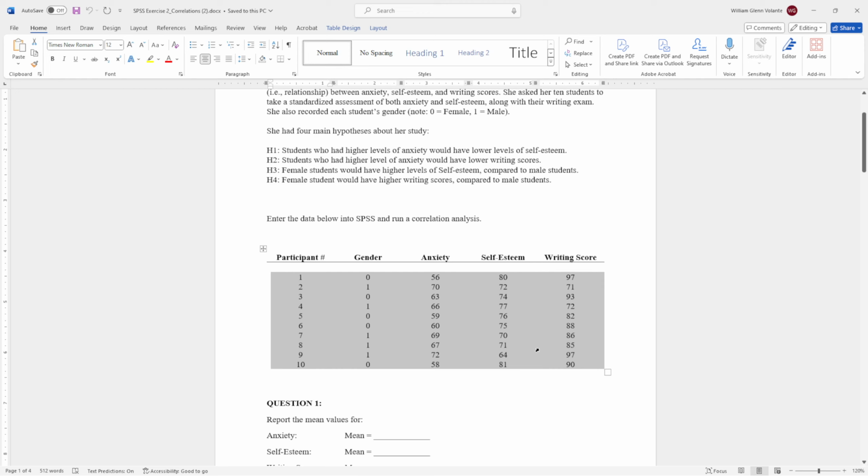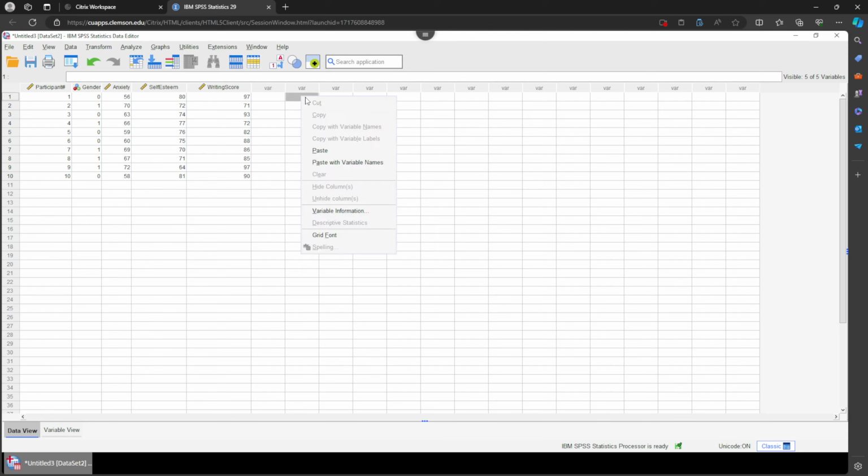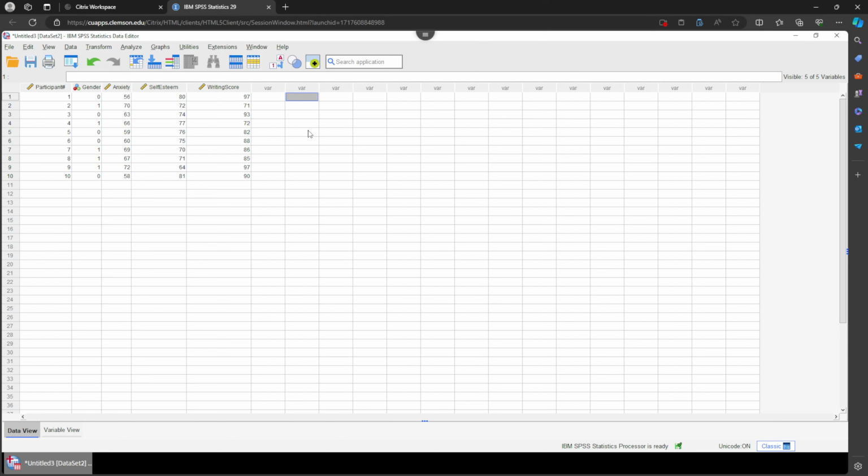So I'm going to select that, copy this, and when I switch back to SPSS, I'm hopefully able to just do a single select and paste those values in. Remember, if you're having trouble with this, there's a few different ways you can attempt to solve this by right-clicking, selecting paste, or even going up to edit and paste, and hopefully one of those options works for you.